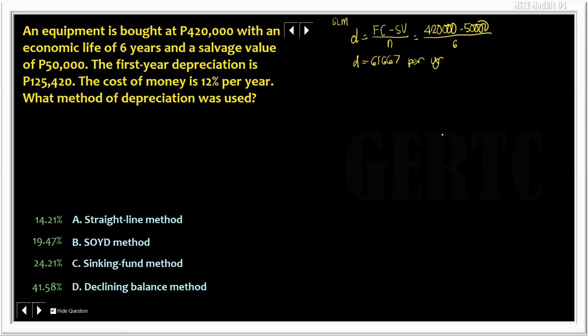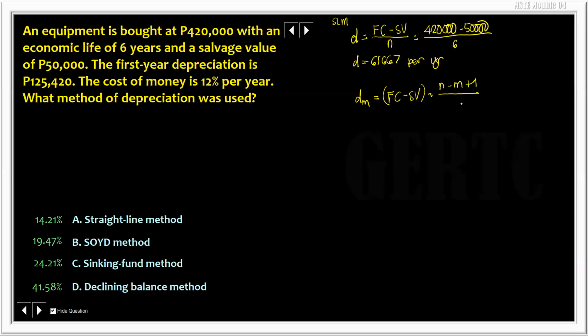Now, how about the sum of the year's digit method? For sum of the year's digit, the yearly depreciation D sub M is equal to FC minus SV times N minus M plus 1, all over the sum of the years.